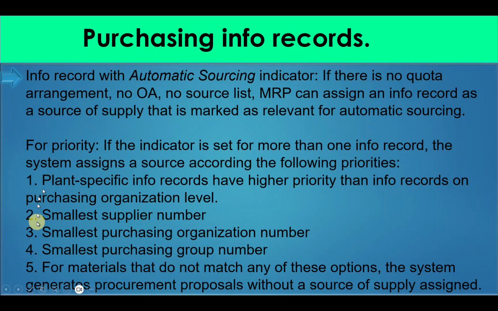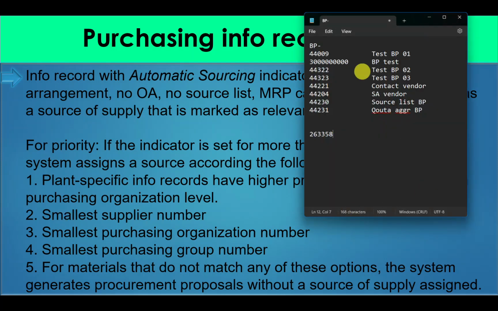Because our second line says that if more than one info record is available, the system assigns the source of supply depending on this. Both records I created are plant specific, so the system considers the smallest supplier number, then the smallest purchasing organization, in this sequence. Here the system is picking the smallest supplier number out of the two vendors, so that's why it picks this one.